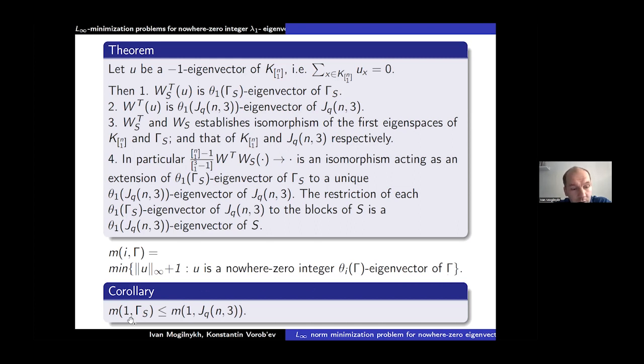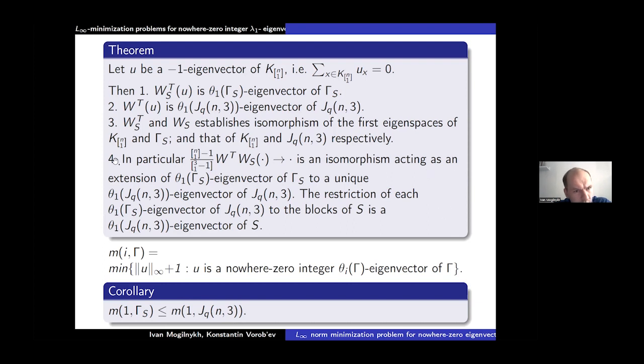We look at our block graph of Steiner triple system S, and for the first eigenvalue, we can say the following: M_1 of Gamma_S is not greater than M_1 of J_q(n,3).